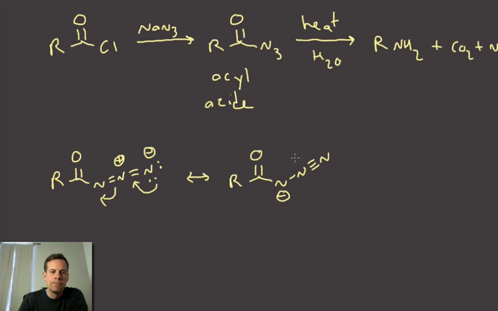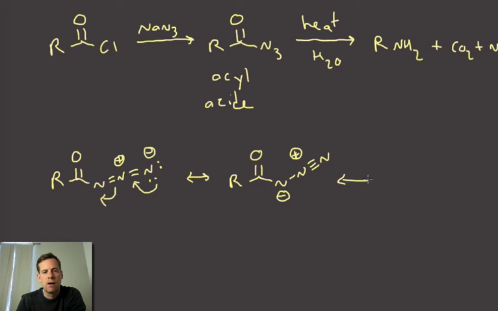Okay, but this is a very, very important resonance form because you can see here that by doing that, we have N2 that's just dying to act as a leaving group.